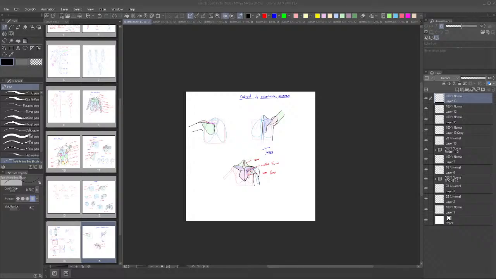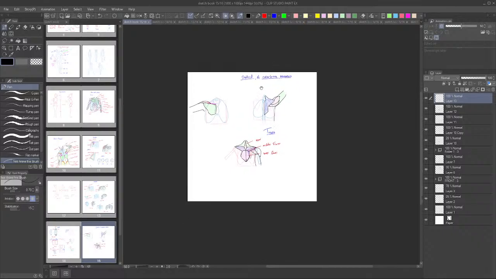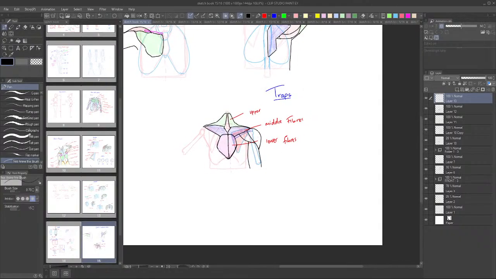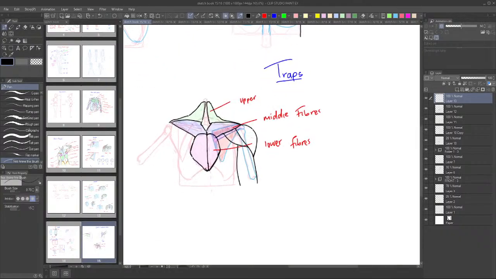Nice, guys. I'm also that friend. Okay. I'm also that friend. So this is the deltoid. Okay. I think we're doing great.